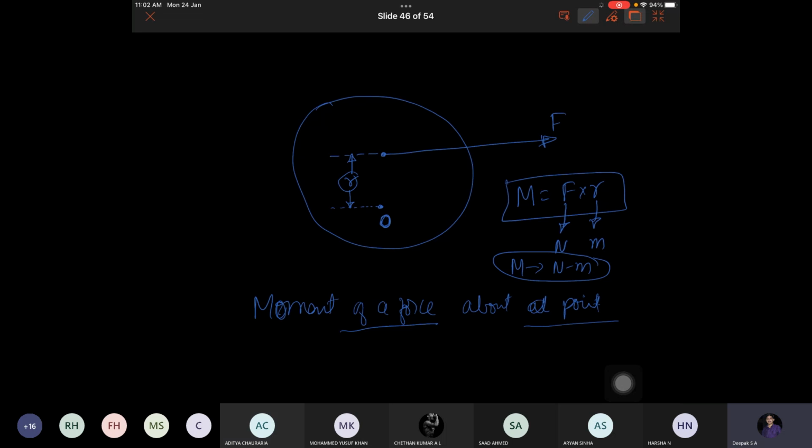See, this force is there, and the point is there. Whether it is acting clockwise or anti-clockwise with respect to the point: if you rotate this force about this point, think that you are taking a compass with this center and this is the radius.